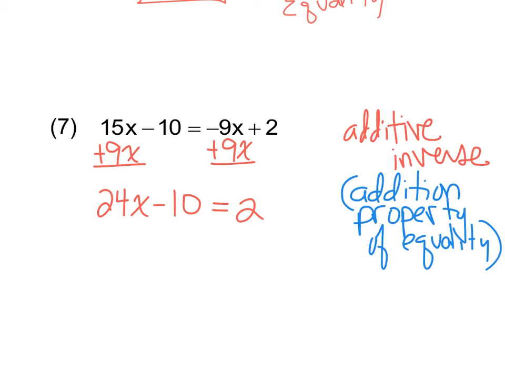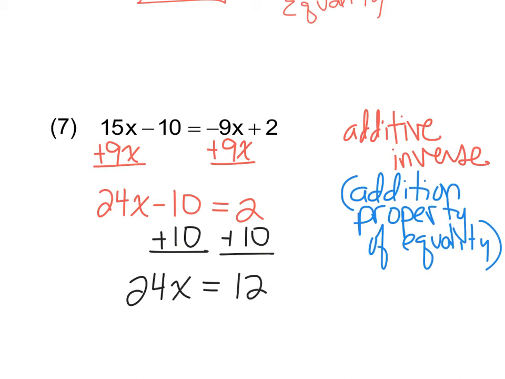Add 10 to each side. All right, so we're looking at 24x equals 12. And again, that's the same deal, right?